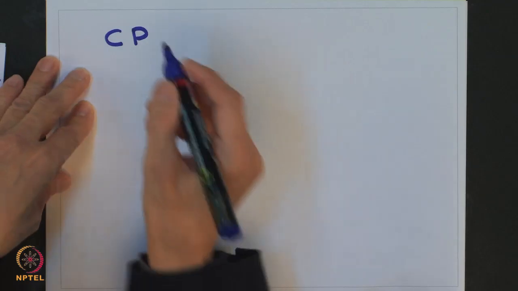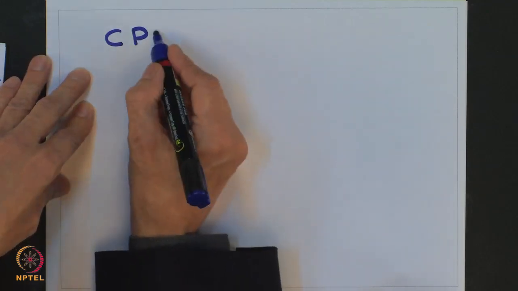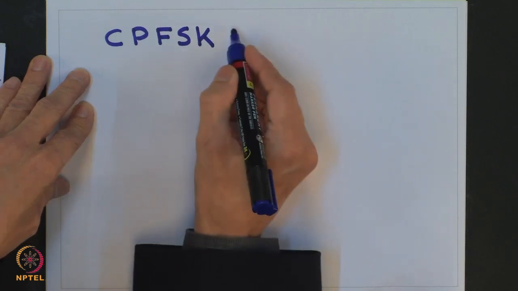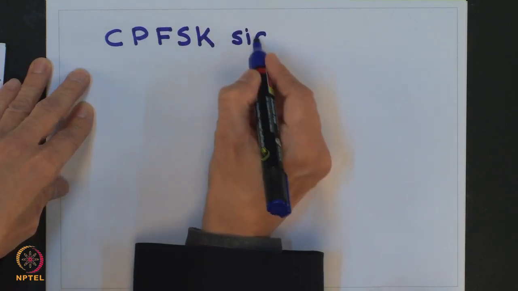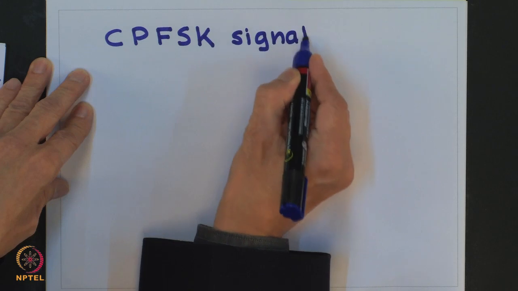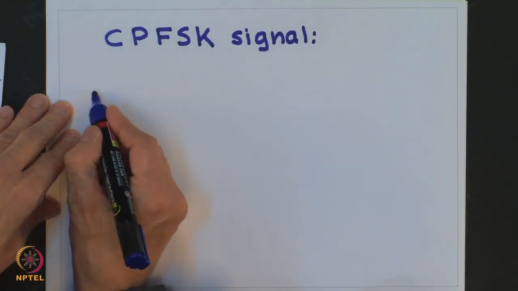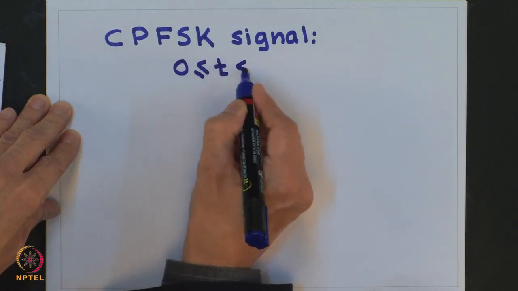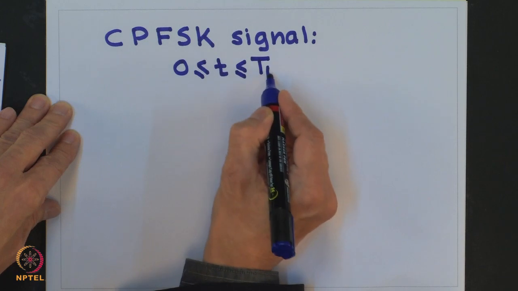So, let us consider a continuous phase frequency shift keying signal as follows. This is over the interval 0 to Tb.